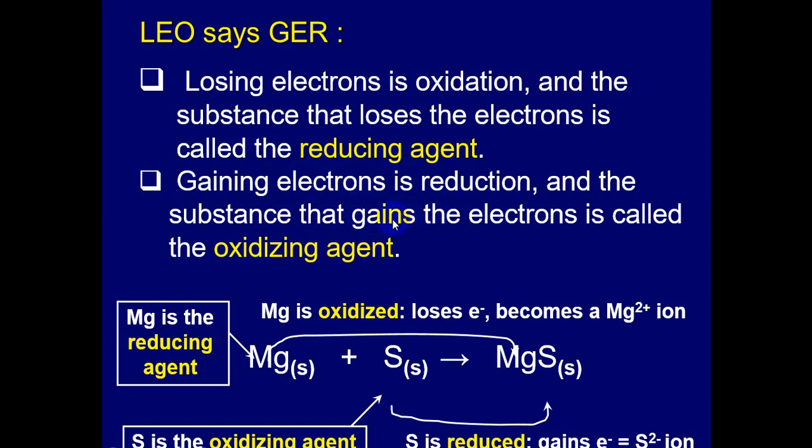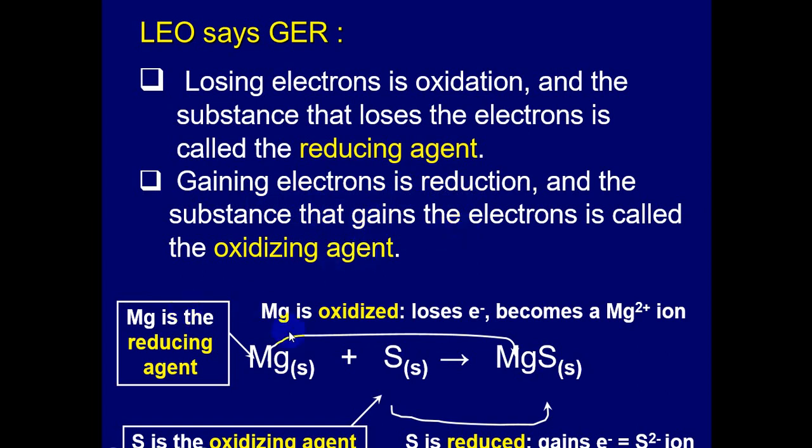Oxidized. So you, the one that is taking the electrons from that substance, you are the oxidizing agent. Because when you take the electrons from that substance, you make that substance very poor. So you have oxidized that substance, and you yourself become what? Reduced. So gaining electrons is reduction, and the substance that gains the electrons is called the oxidizing agent.